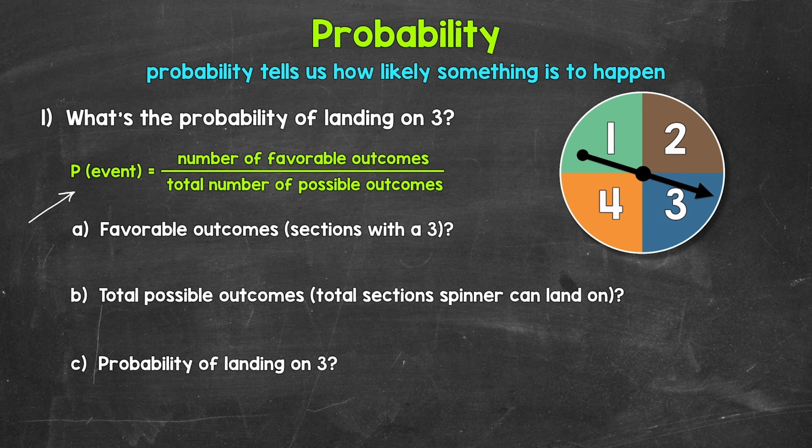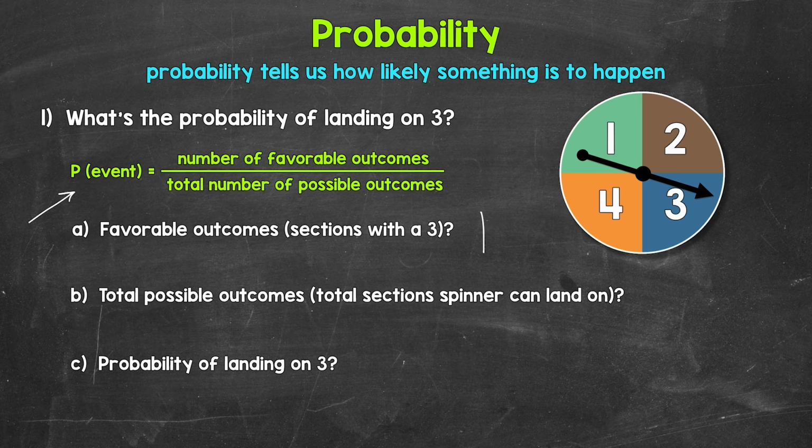Let's start with the number of favorable outcomes we have. How many ways can our event of spinning a 3 happen? So we need the number of sections on the spinner with a 3. Well, there's one. We have one favorable outcome on that spinner. One way that our event can happen. So favorable outcomes, 1.